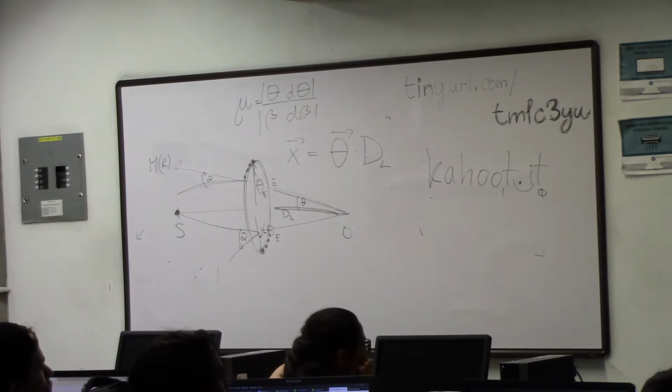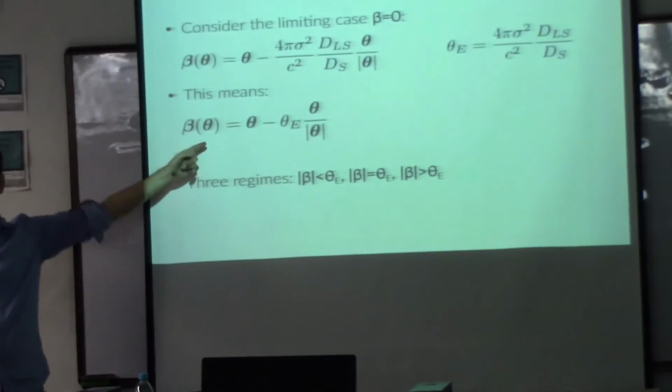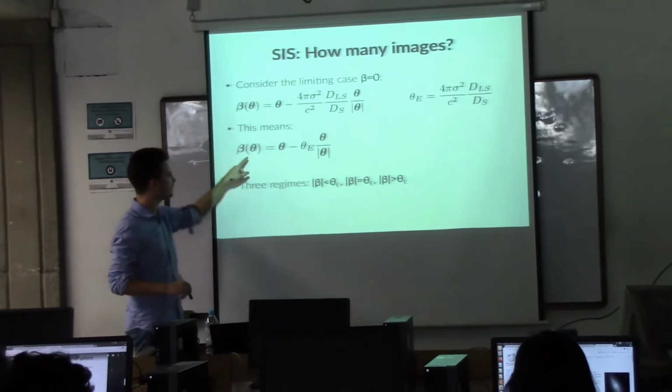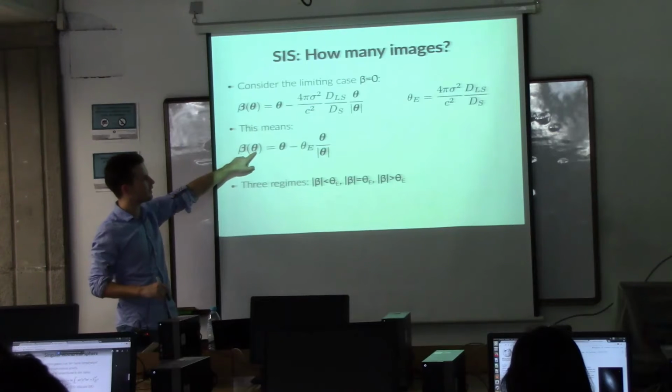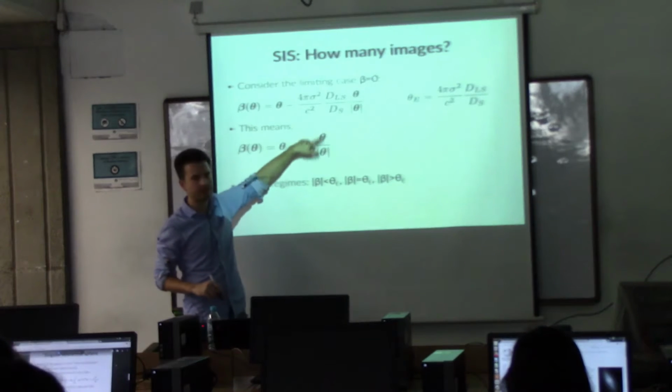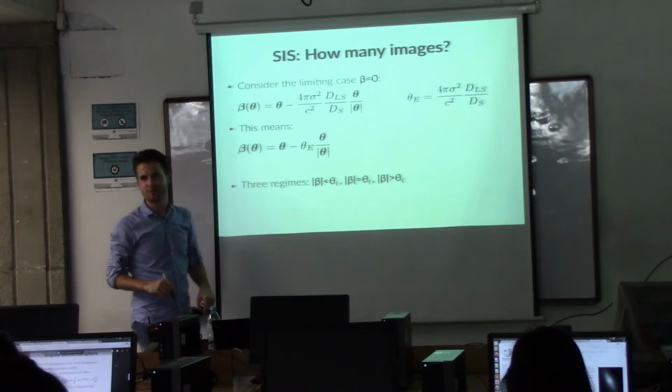Okay, so we found the Einstein radius. Very handily, it's just this term over here. So we can rewrite the lensing equation again, and now this is back to the general form. Now beta of theta equals theta minus Einstein radius times the direction of theta.